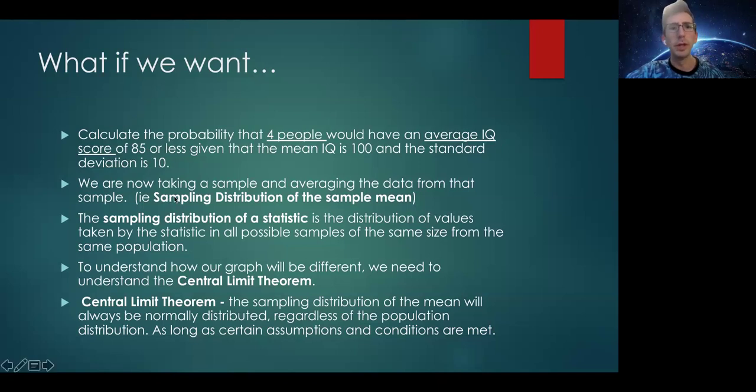So we're now taking a sample and averaging the data from that sample, i.e. a sampling distribution. In this case, it's of the sample mean, because we're taking a sample average. The sampling distribution of a statistic is the distribution of values taken by the statistic in all possible samples of the same size from the same population.